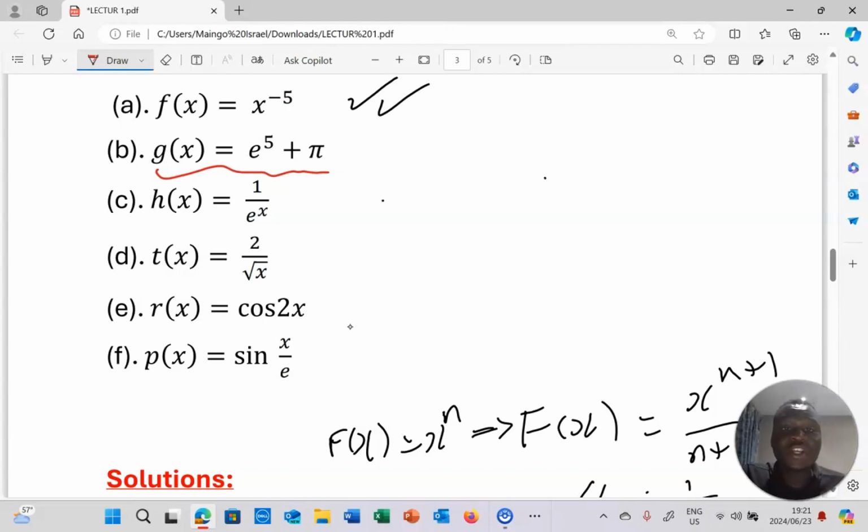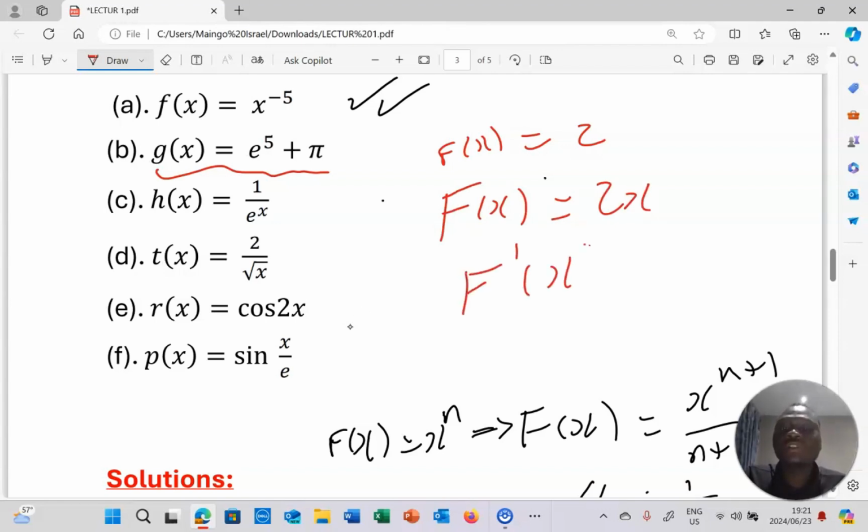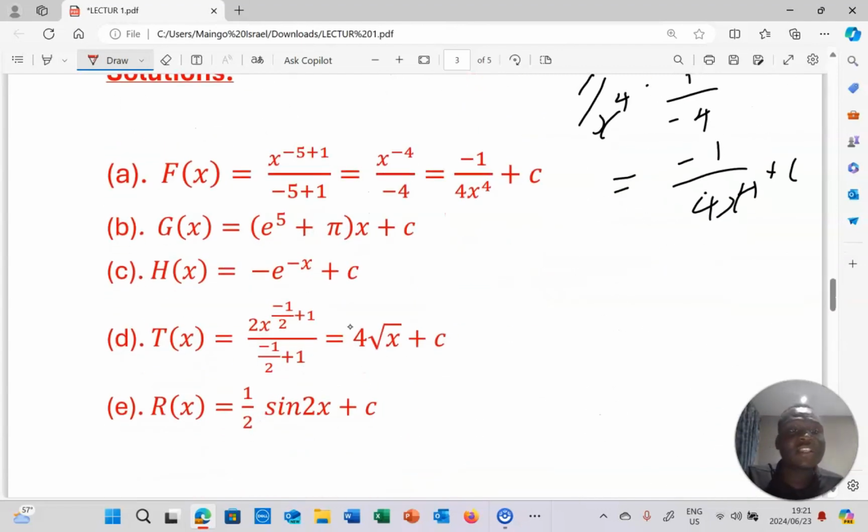If we have f of x equals 2 and we want to find its antiderivative, it would be simply 2x, because when we differentiate this we get 2. It means that g of x, its antiderivative will be capital G equals e to the power 5 plus pi, x, plus a constant. That's how simple we do it.